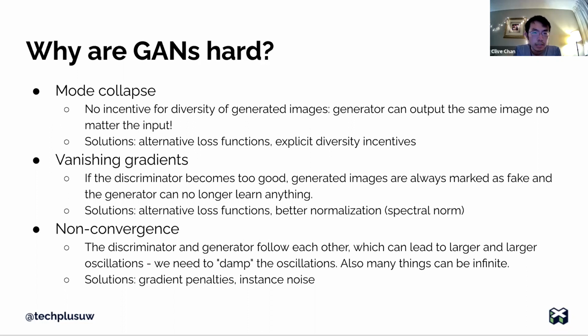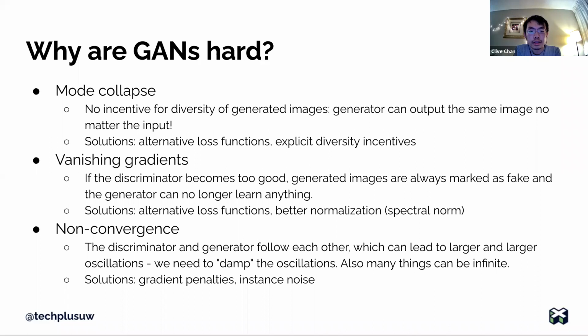And finally, GANs as a whole, they have this problem of non-convergence where the discriminator and generator are sort of following each other. And if you imagine like two things orbiting each other, if they're constantly trying to reach each other, they can overshoot and overshoot more and more until things completely diverge from each other. So you need to be able to sort of dampen that oscillation around each other, and so they spiral in towards the right answer.